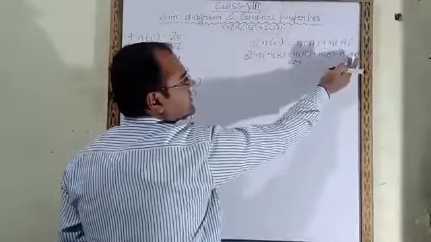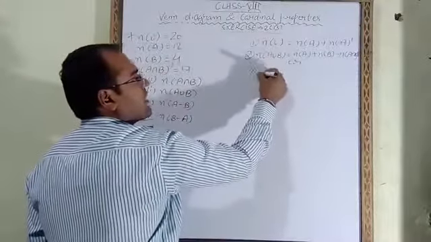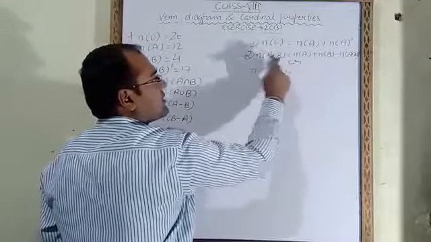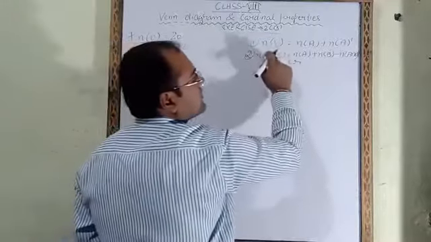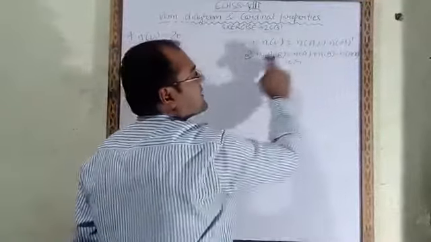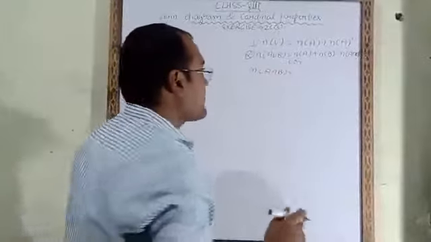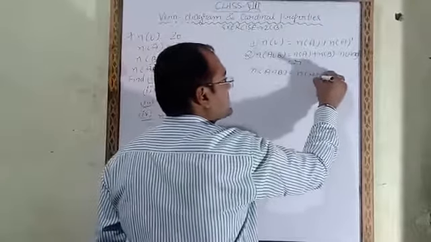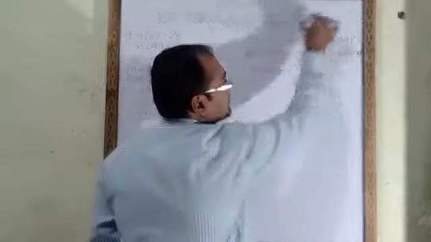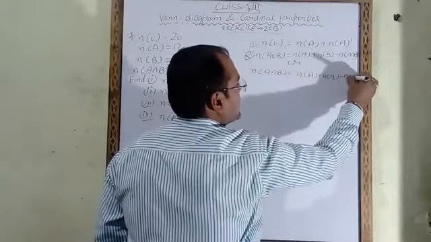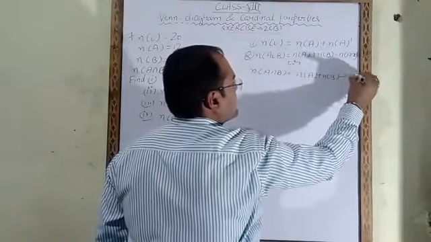So minus n(A intersection B) will become plus. And if this number goes to the right side, it will change into negative. So n(A) plus n(B) will remain the same, and this number will go to the right side, so it will become minus n(A union B).